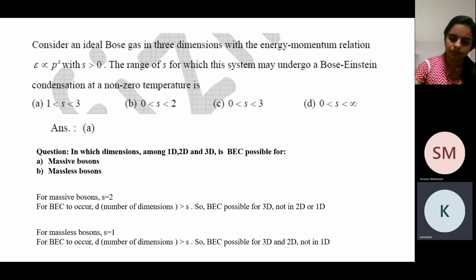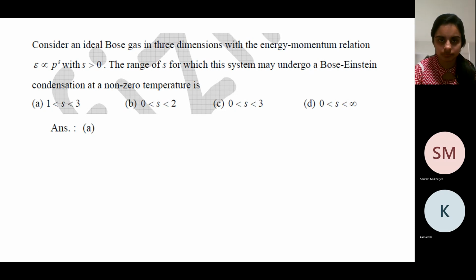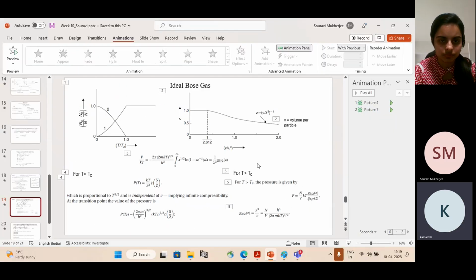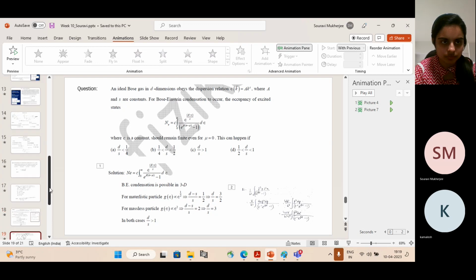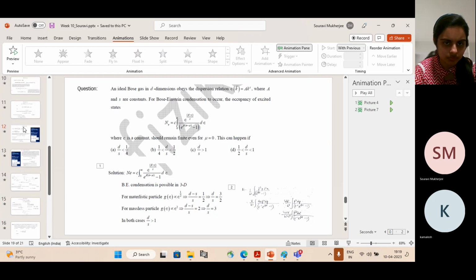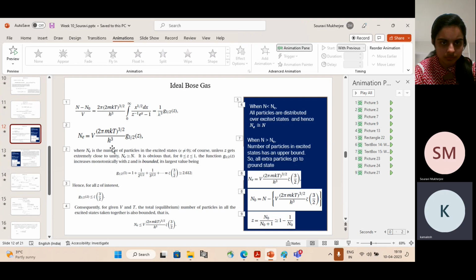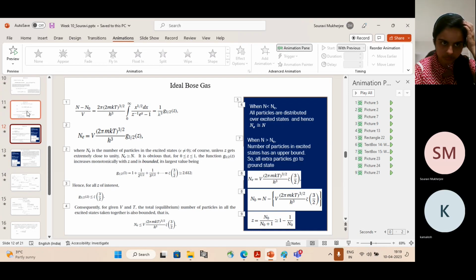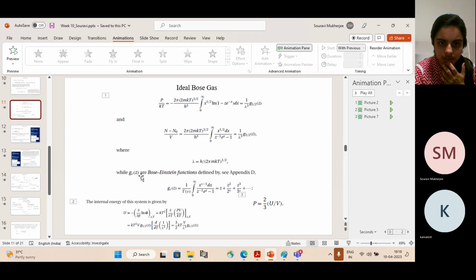Do you have any doubt regarding this ideal Bose gas which you want me to explain? Ma'am, I have a doubt. Yes, tell me. In the zeta function, in one of the integrals from 0 to infinity, the definition of the Bose-Einstein function.